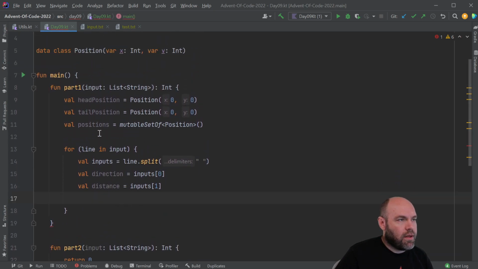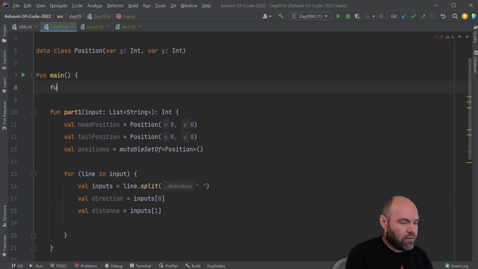So probably easiest is we'll just make a new function for move head. And it'll take in a head, which is a position, and a tail, which is a position, and then I guess a direction.